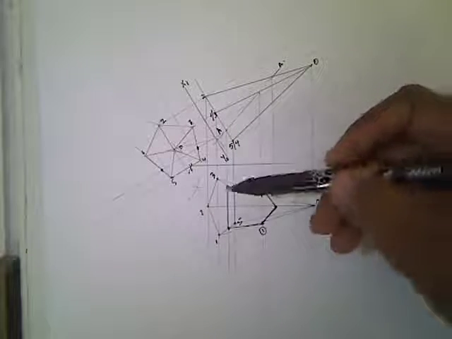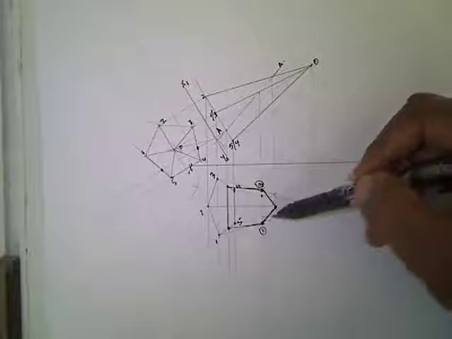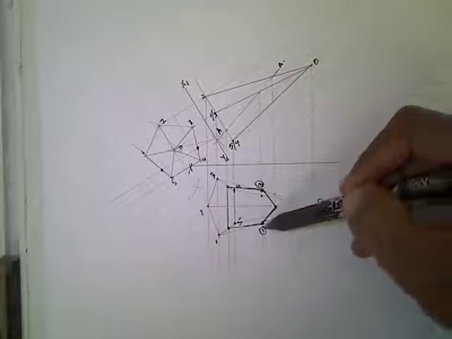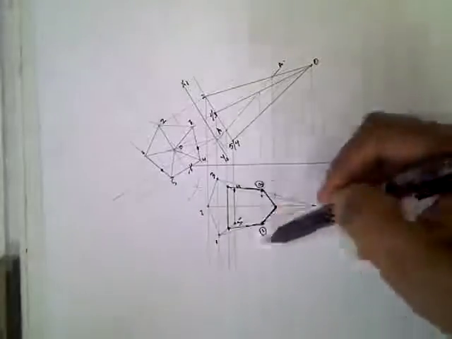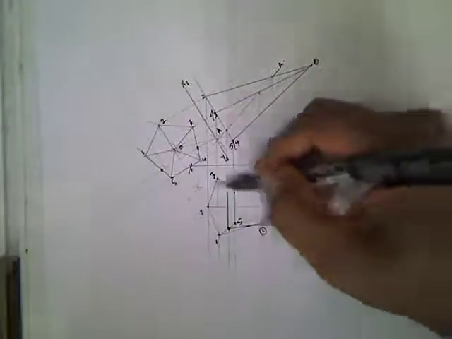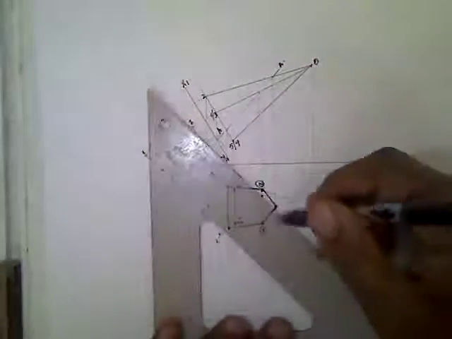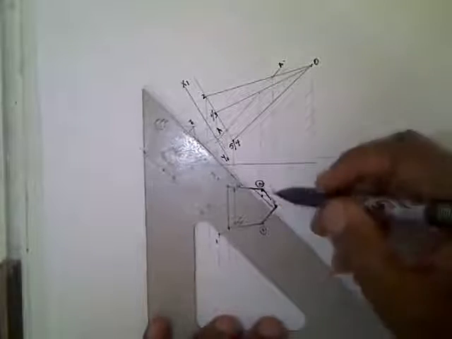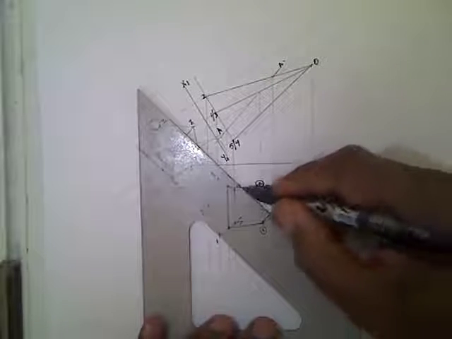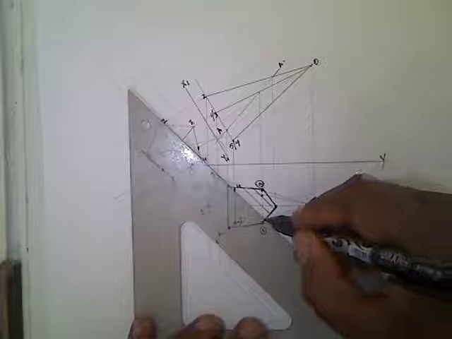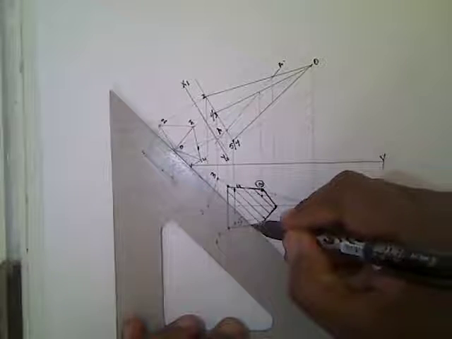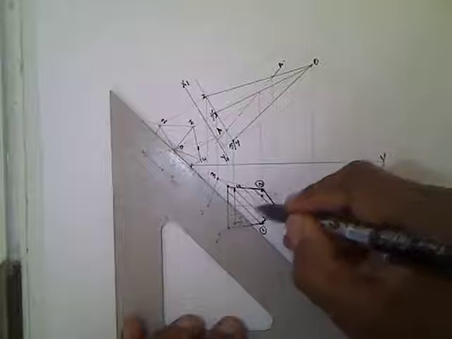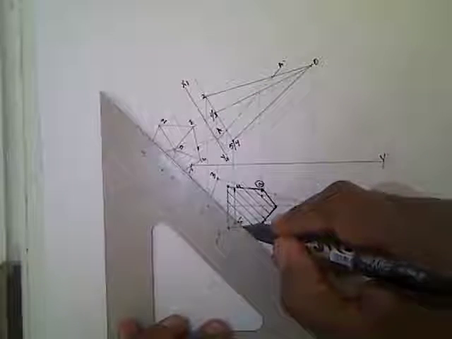So from 1, 2, 3, 4, 5, all those 5 points show the cut surface. Then you section the cut surface where your saw has been. You make sure that these lines are equally spaced.